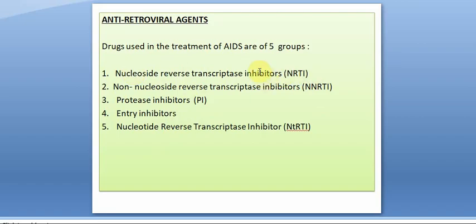Some books give the first one and the fifth one together. Next is non-nucleoside reverse transcriptase inhibitors. Next classification is protease inhibitors. Then entry inhibitors, and nucleotide reverse transcriptase inhibitors.